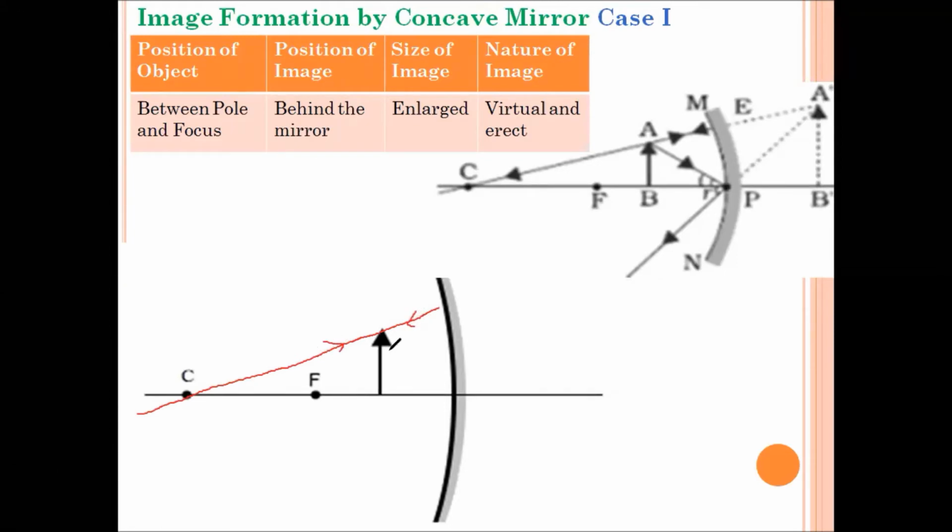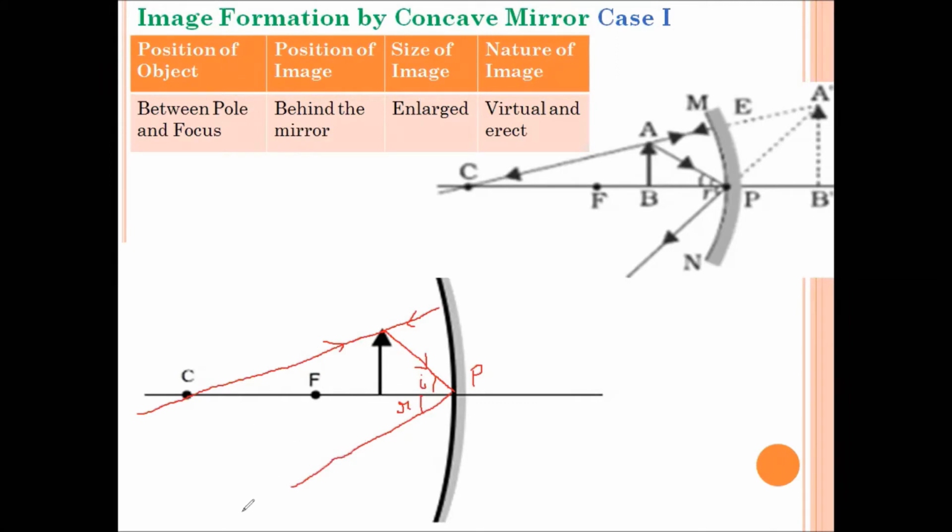Rule number 4 says if any ray falls on the pole of a concave mirror, this is the pole, at an angle I, then it will reflect at an angle R. Here angle I and angle R are the same.